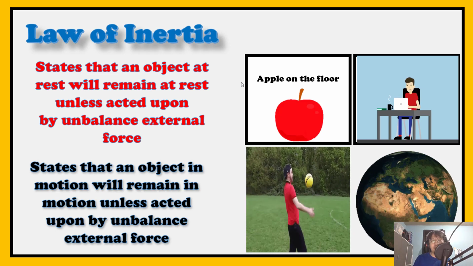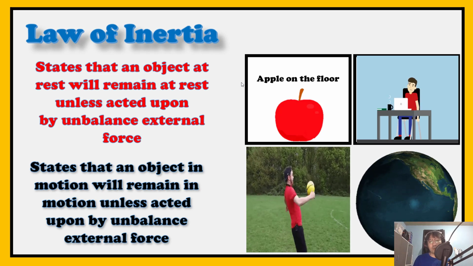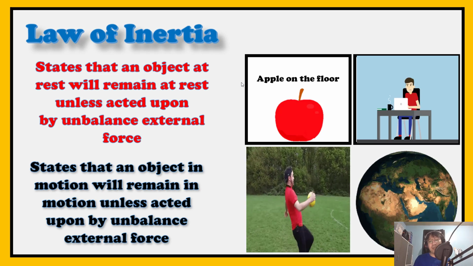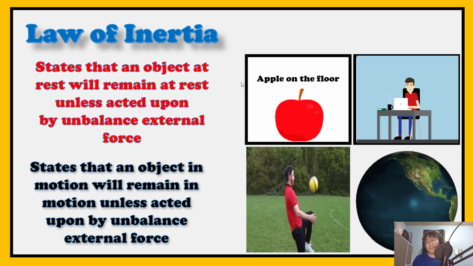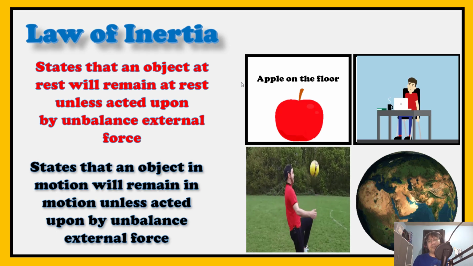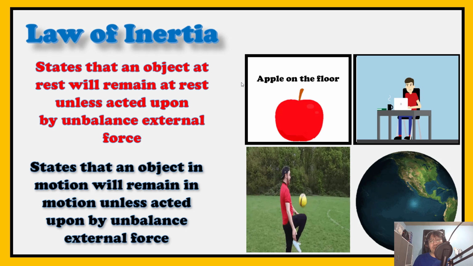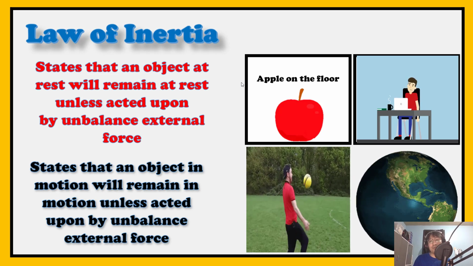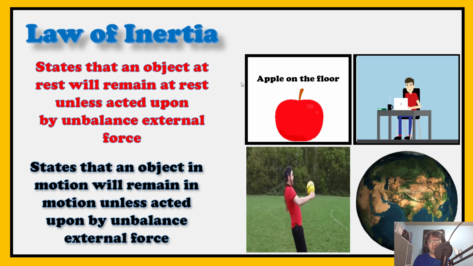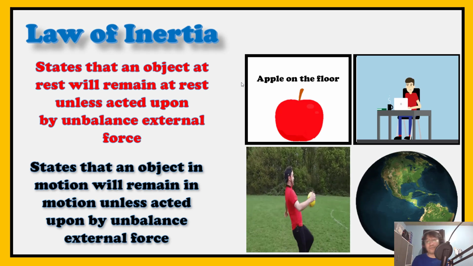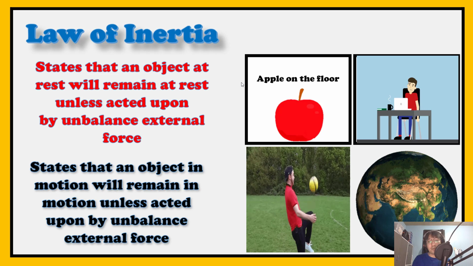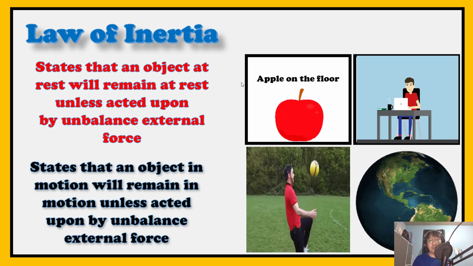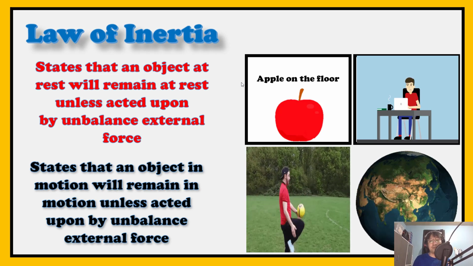Next, it states that an object in motion will remain in motion unless acted upon by an unbalanced external force. So we can make these examples stop or move, and it is because of the unbalanced external force. Okay, next.